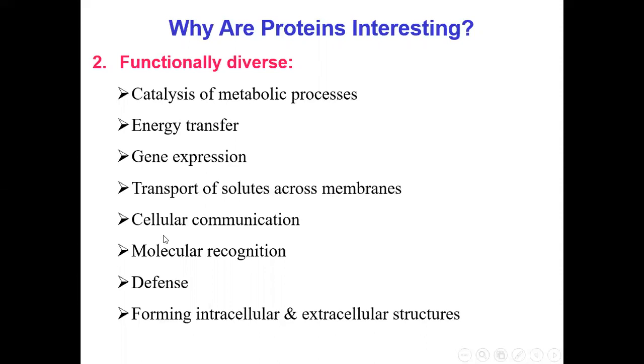Proteins are involved in the communication between cells, in molecular recognition processes, in defense mechanisms that allow living organisms to protect themselves from pathogens like viruses and bacteria. And finally, some proteins form large structures inside and outside cells, which confer mechanical protection to the cell and also other important roles.